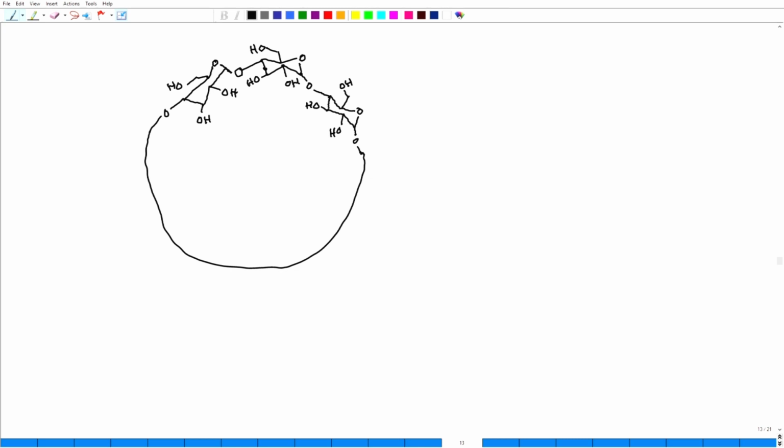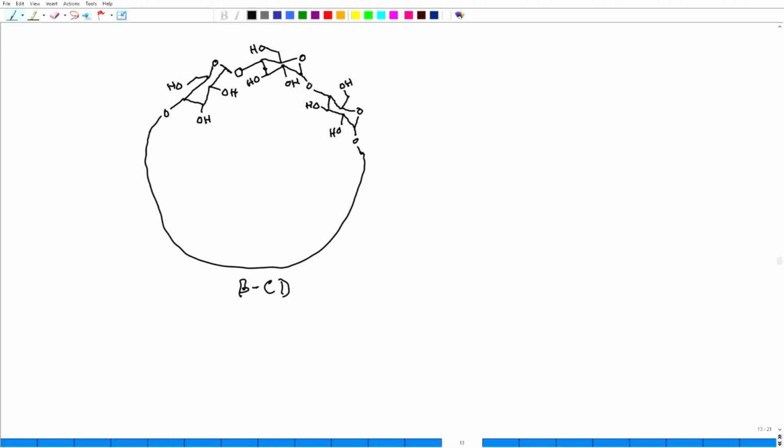So, I can get 1, 2, 3, 4, 5, 6, 7, then that will be beta cyclodextrin. In short, we say beta CD. And if there are 6, we call it alpha CD, and 8 we call gamma CD.